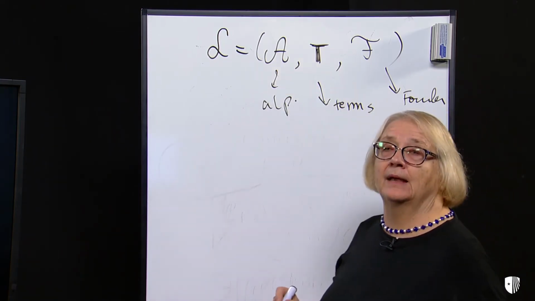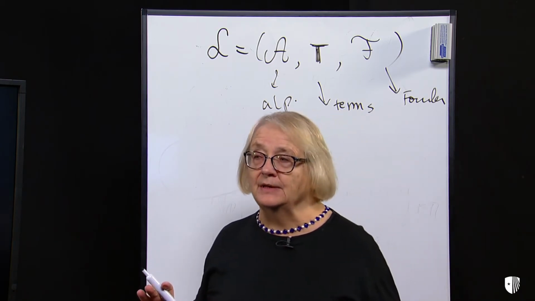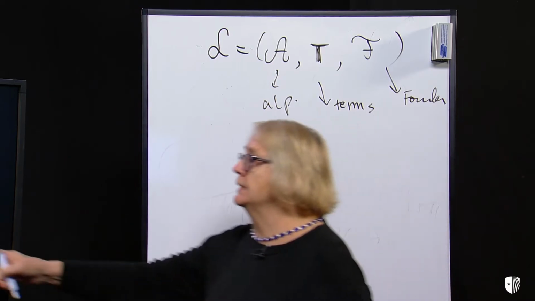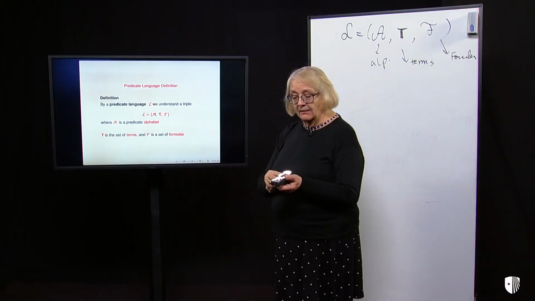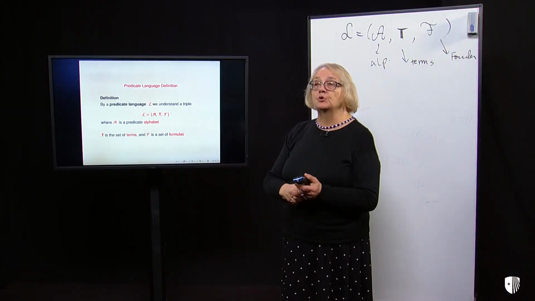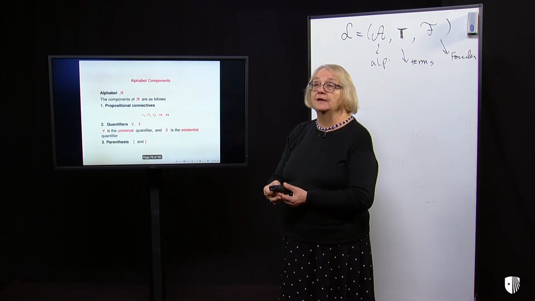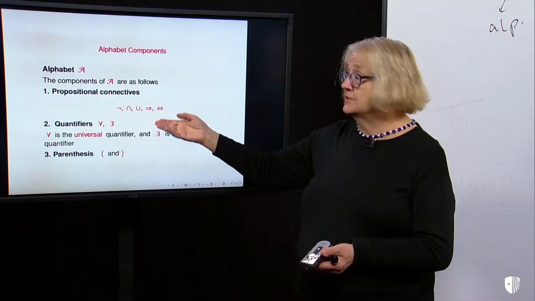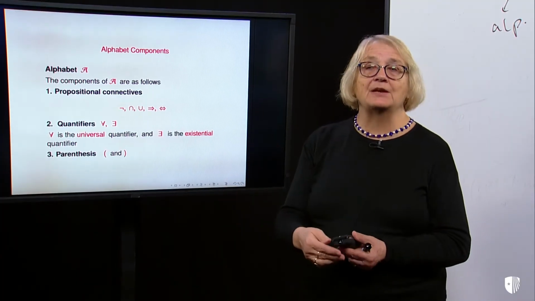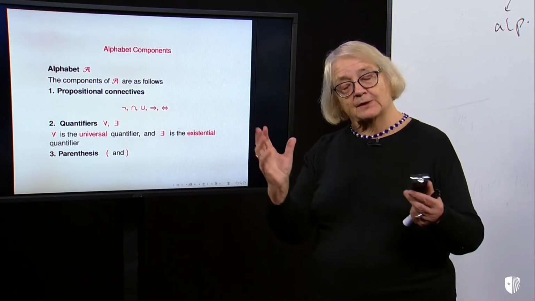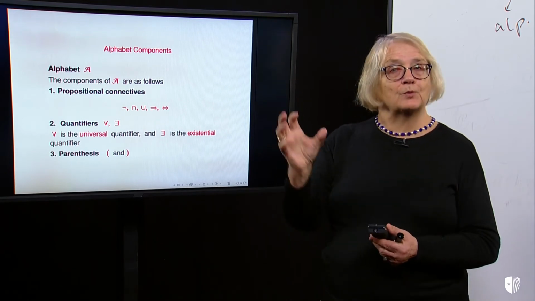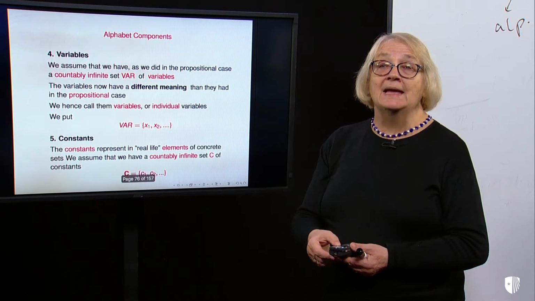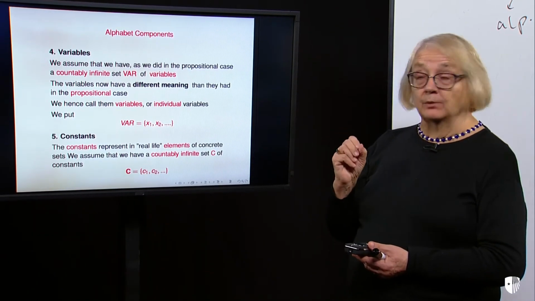So now we have an additional step to define formulas. We do it with the help of something which is called the set of all terms. And of course, we have alphabet, we have propositional connectives, you have quantifiers, as I mentioned before, you have parentheses because we want to have those formulas defined in an unambiguous way, and we have variables.